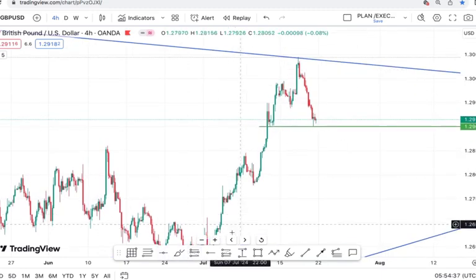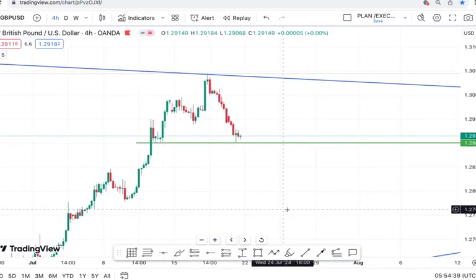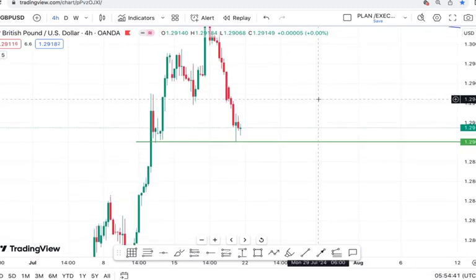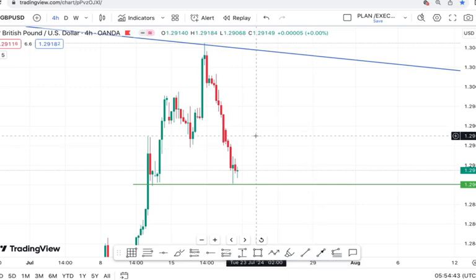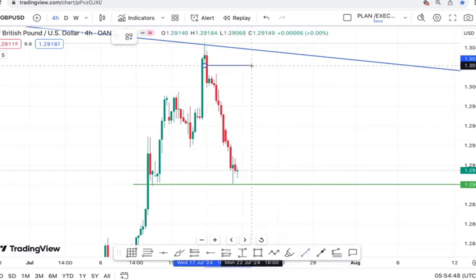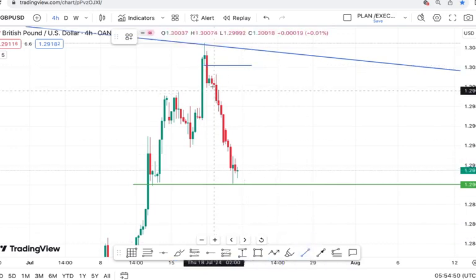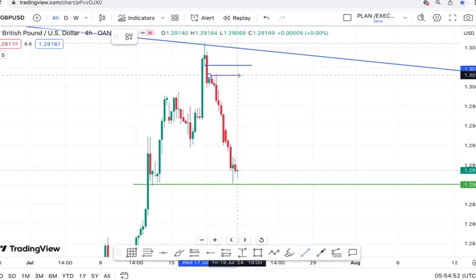So moving forward, what do we expect from price in the upcoming week? Like on Euro, we expect price to look at this imbalance here. This is the only visible fair value.